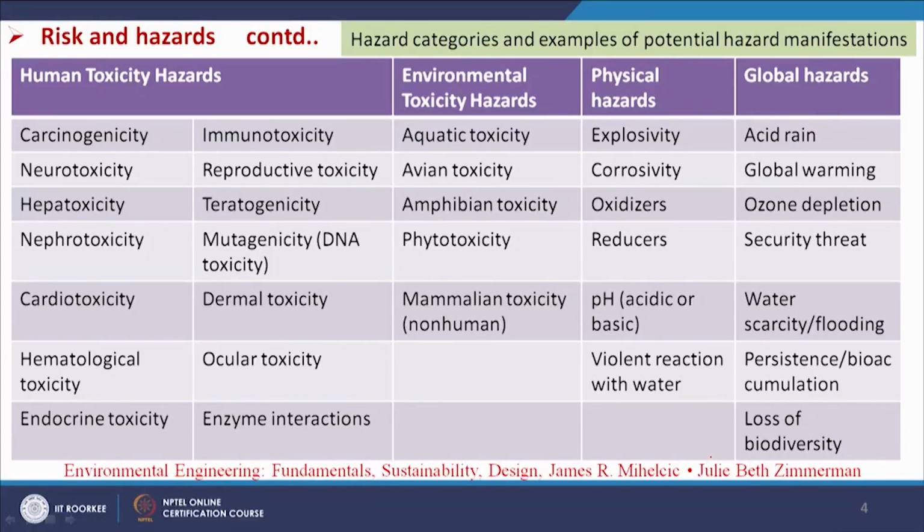For example, human toxicity hazards include carcinogenicity, neurotoxicity, hepatotoxicity, nephrotoxicity, cardiotoxicity, hematological toxicity, endocrine toxicity, immunotoxicity, reproductive toxicity, teratogenicity, mutagenicity, dermal toxicity, ocular toxicity, and enzyme interactions. Environmental toxicity hazards may be aquatic toxicity, avian toxicity, amphibian toxicity, phytotoxicity and mammalian toxicity, that is non-human.